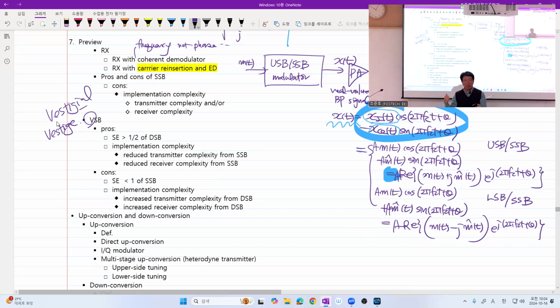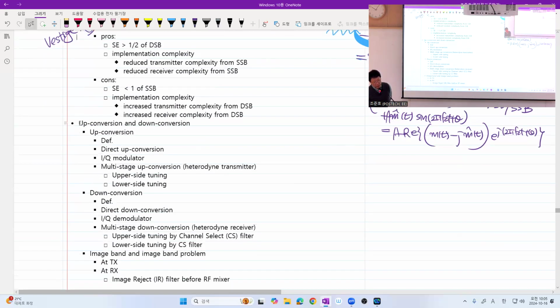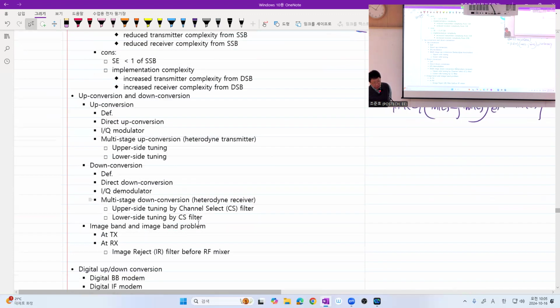So VSB is kind of in between DSB and SSB. It's good compared to DSB in some sense, bad in other sense. It's good compared to SSB in some sense, bad in other sense. Got it? And I believe I cannot cover this one today, but anyway. So let's see.